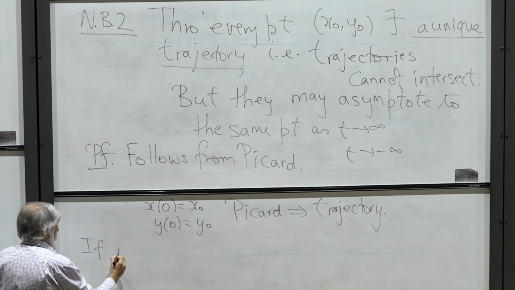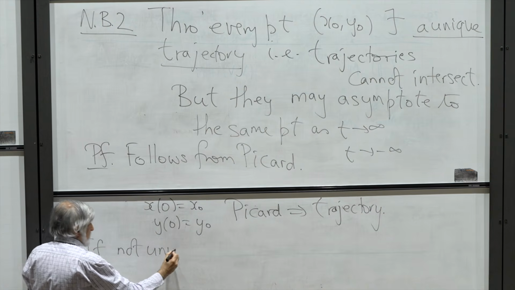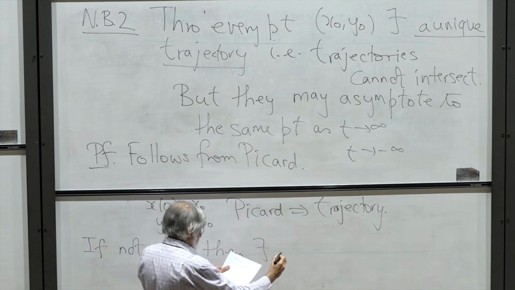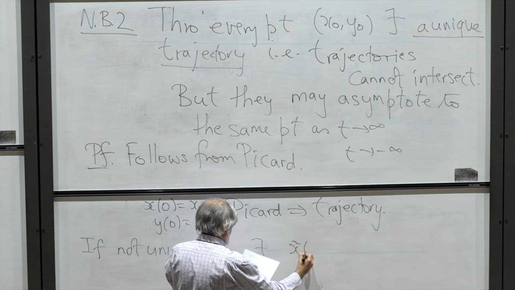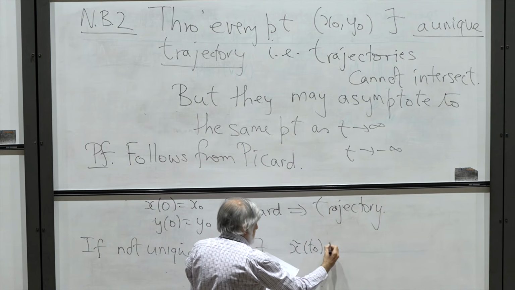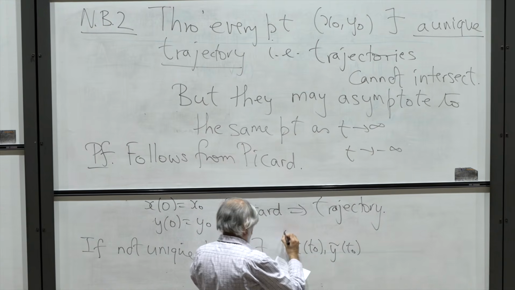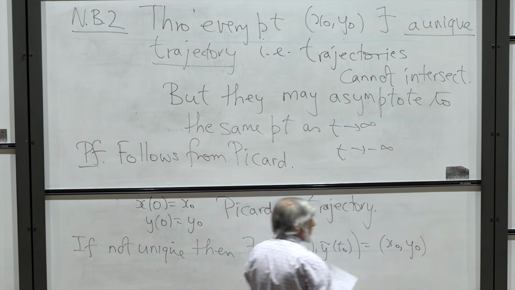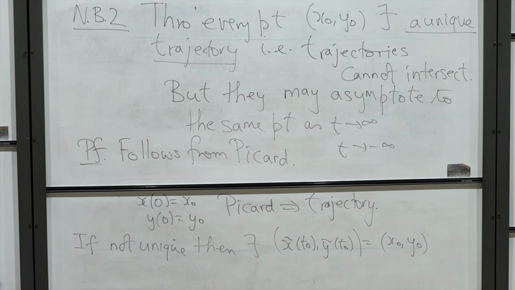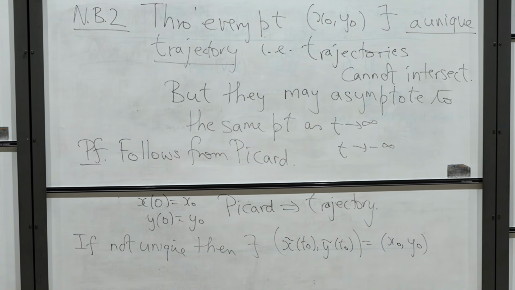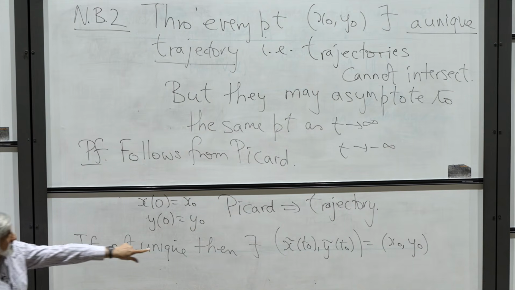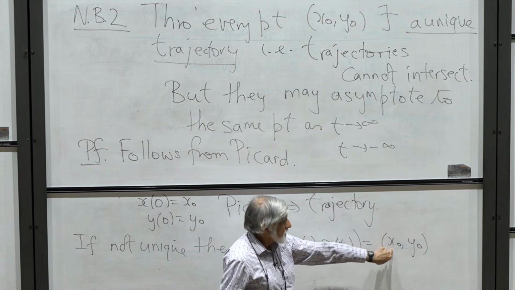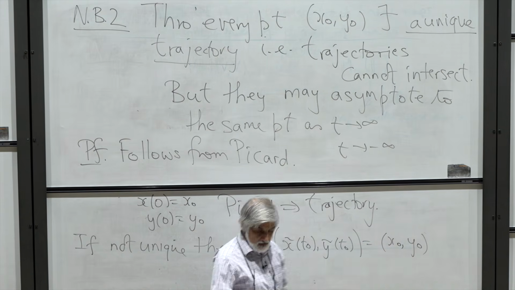If not unique, then there exists another solution that must pass through it. Okay? So there must be some other solution that at some t0 passes through the point.